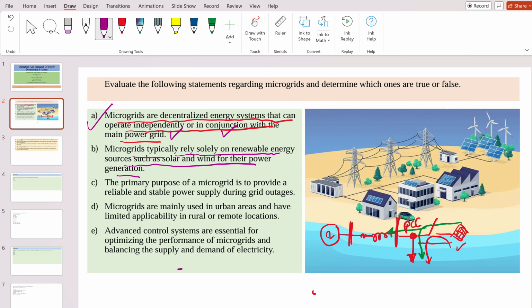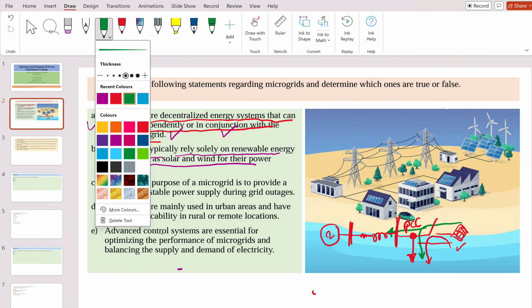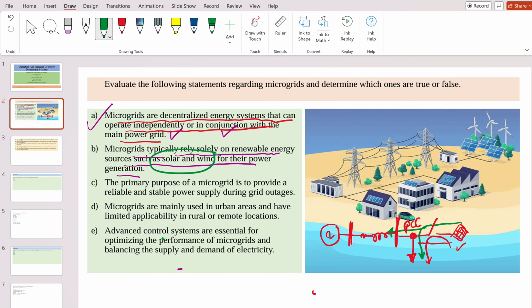Also you have small hydro. They are considered RE-based sources and can also be considered a microgrid, but it is not specifically that only solar and wind are considered a microgrid. So this statement is false.